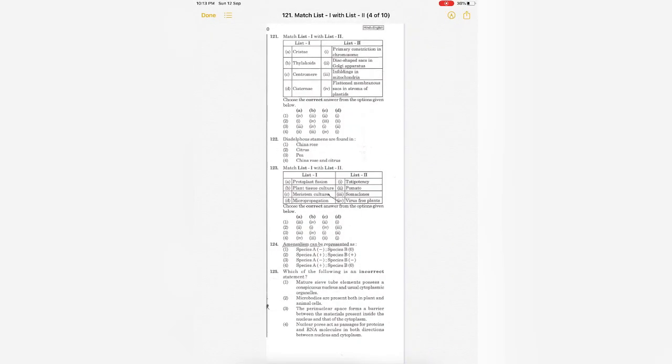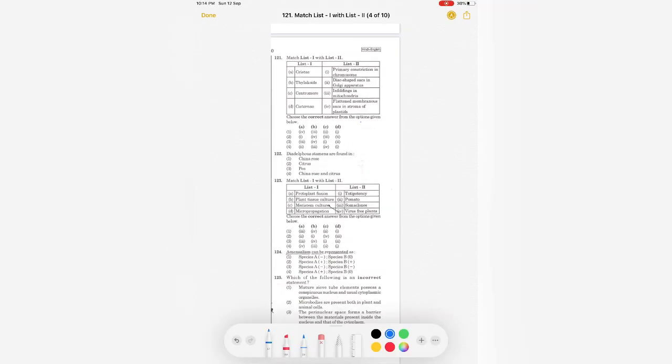Question number 121. Match list 1 with list 2. Cristae. You know, cristae are present in mitochondria. These are actually infoldings in mitochondria. Second one, thylakoids. You know, thylakoids are flattened membranous sacs in stroma of plastids. Actually these are part of the grana.